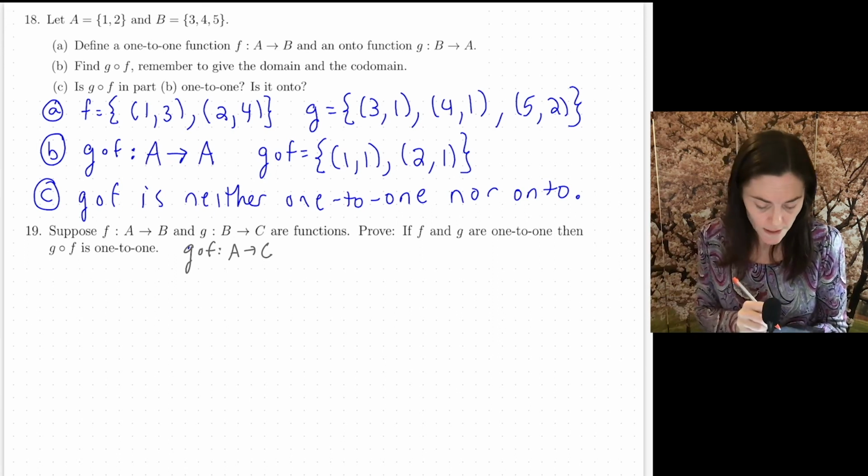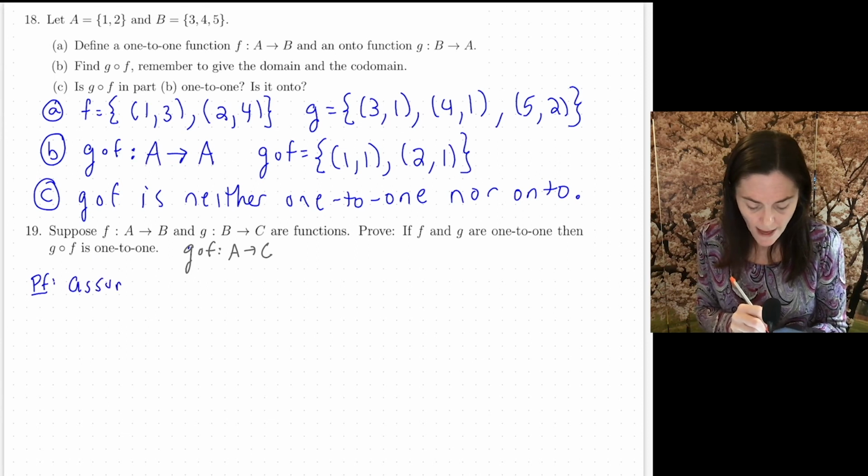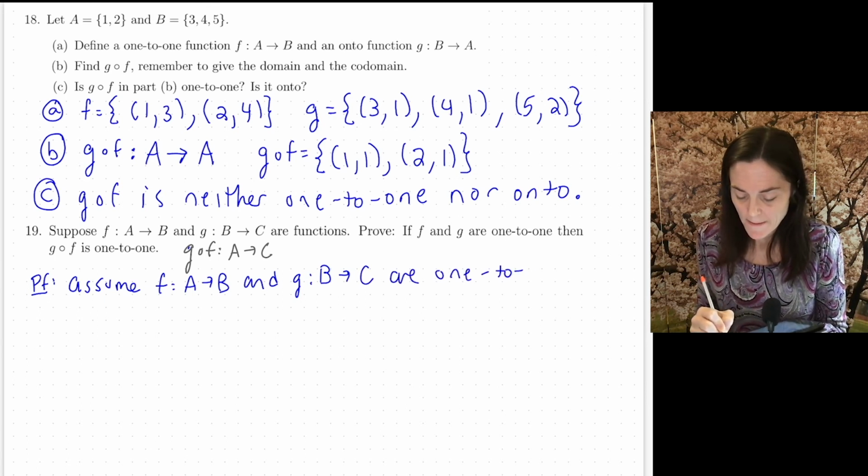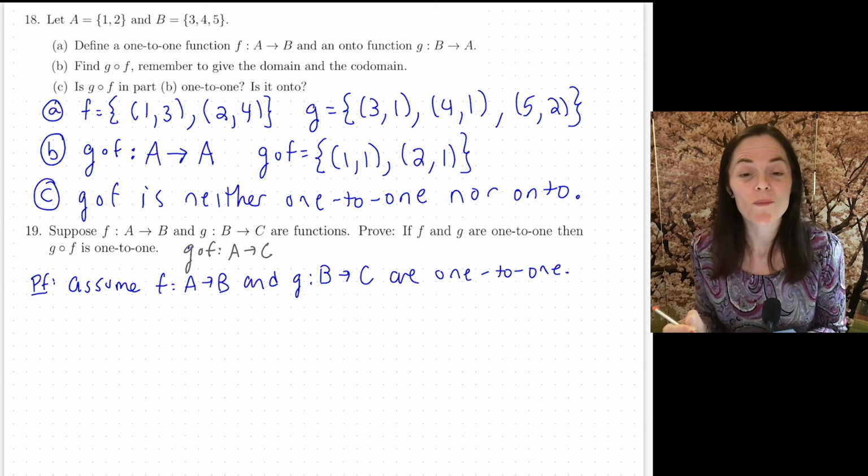So let's prove this. Let's assume we have sets A, B, and C. We have F from A to B, and G from B to C are one-to-one. We want to show that G compose F is one-to-one.